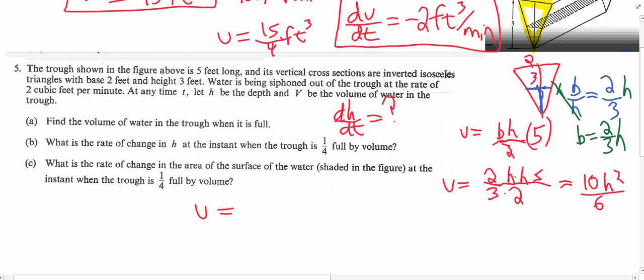Let's see here, we have 5/3 h squared. So now when we take this derivative, we only have one variable over on the right side, so that's a pretty desirable thing. So let's just go ahead and take the derivative, and then we'll use our information. What is the rate of change when it's 1/4 full?